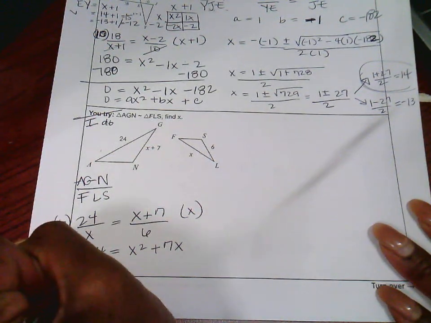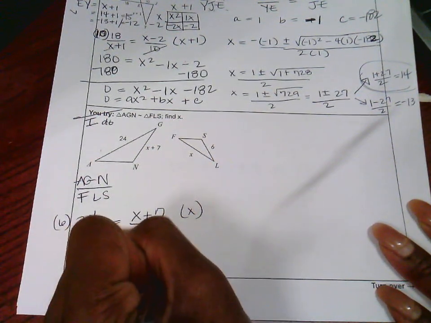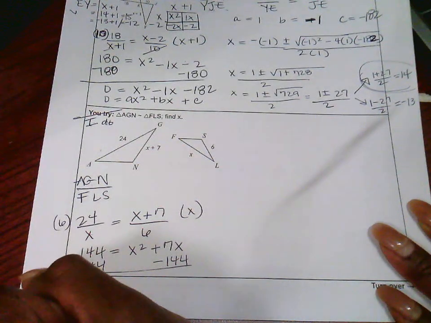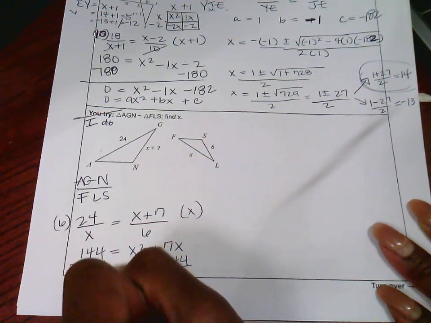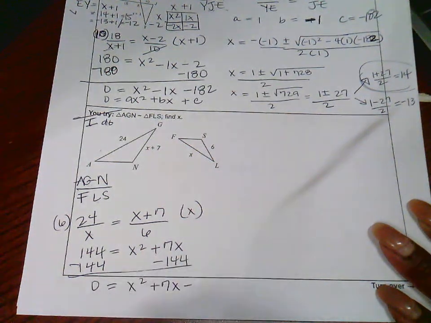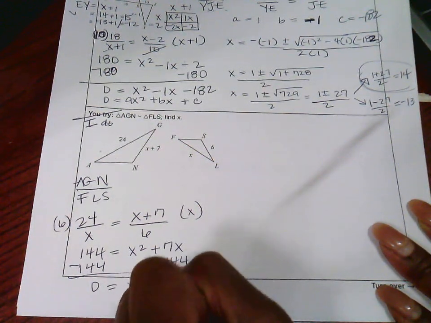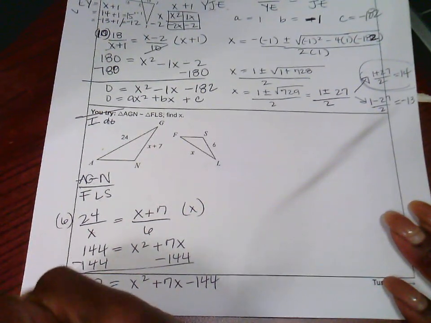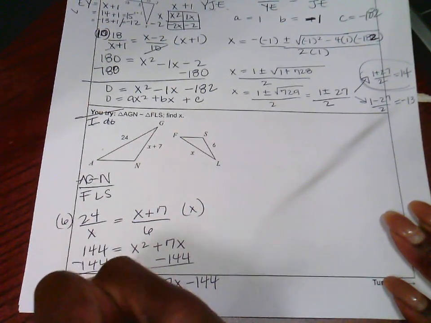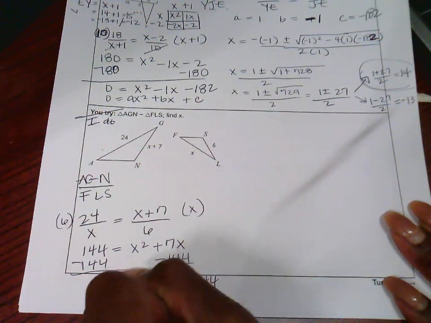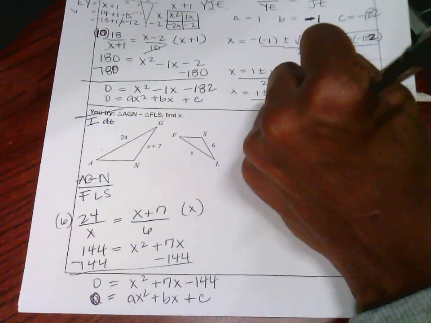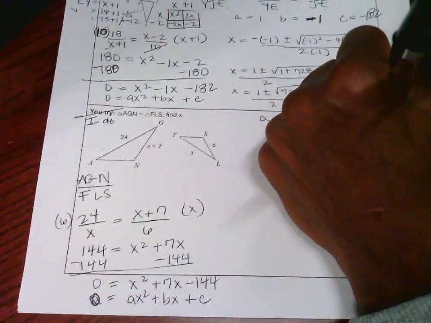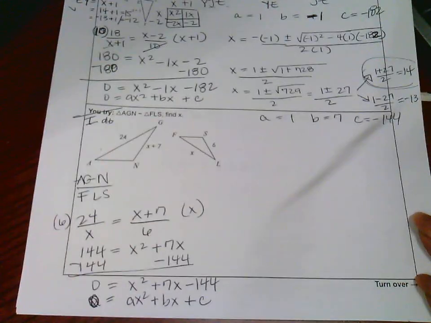Then we subtract 144 from both sides, and we're left with 0 equals x squared plus 7x minus 144. Remember, we've got 0 equals ax squared plus bx plus c. That means a equals 1, b equals 7, c equals negative 144.